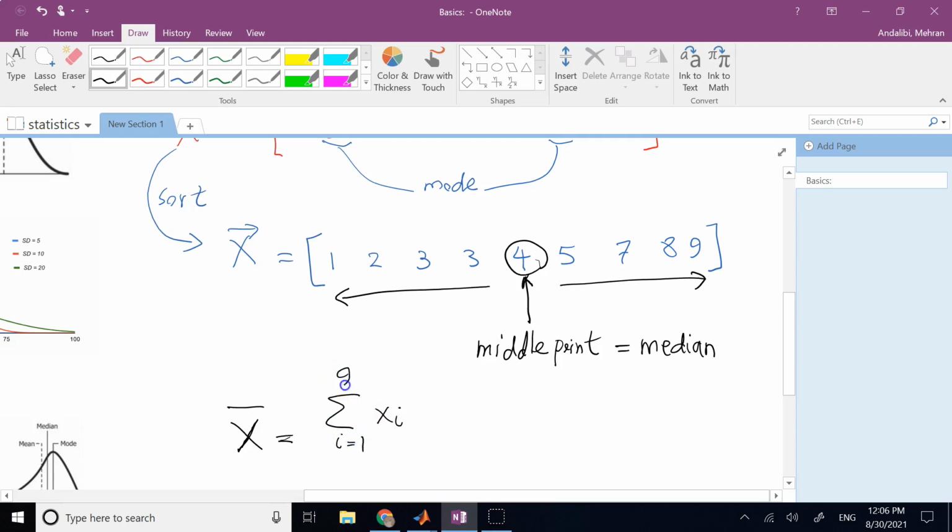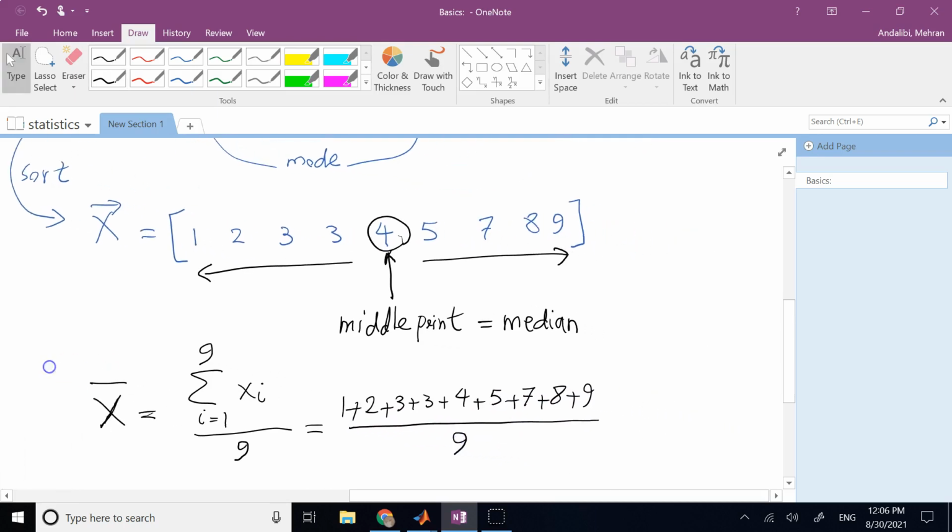In this case, your data is 9 points, so sum of all of these numbers and divide it by the number of data points. That's like the center of gravity of the data.